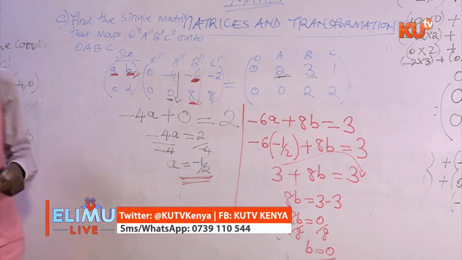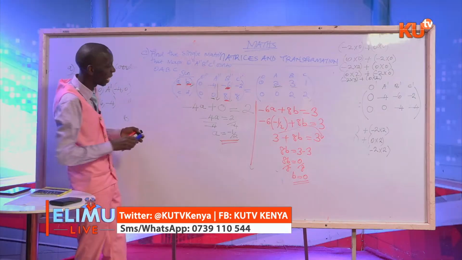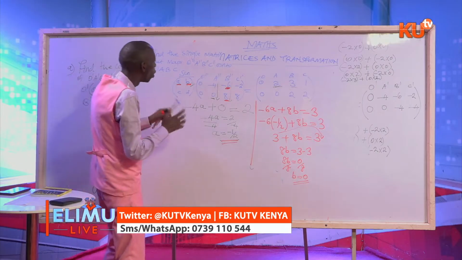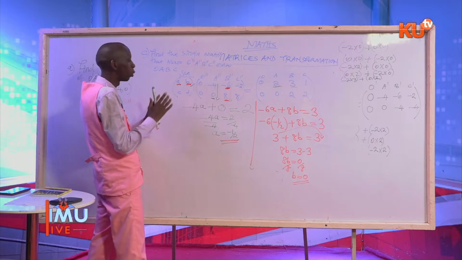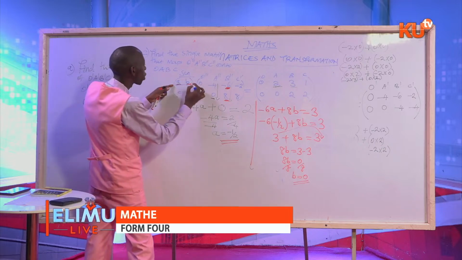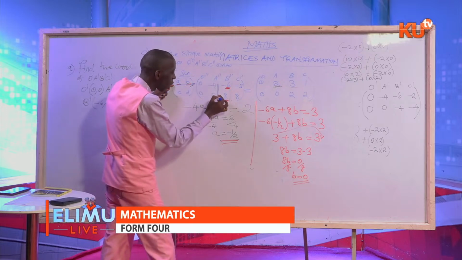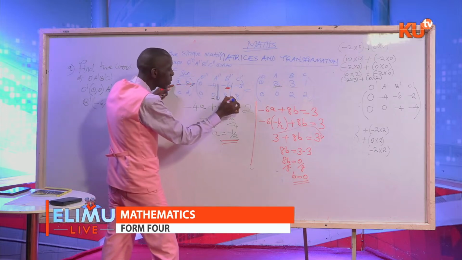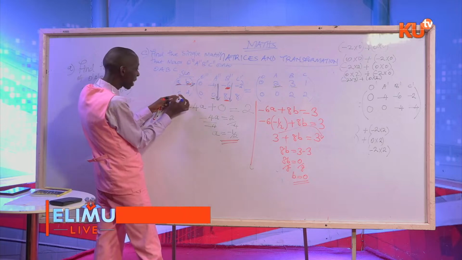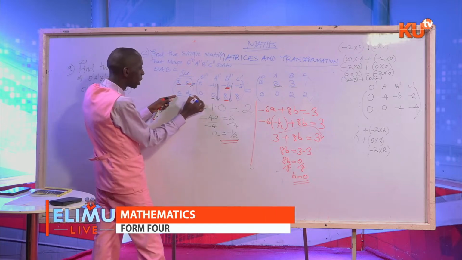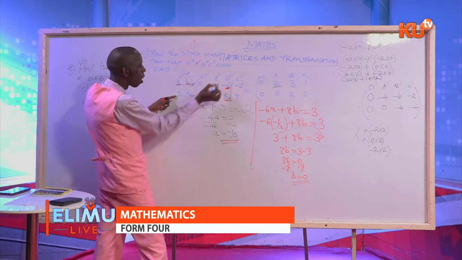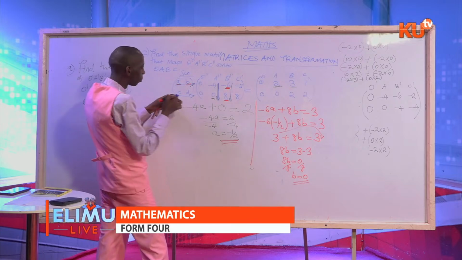Can we get our C? Now, we go to the second row. We have used the first row that has A and B, and the second and third columns to get A and B. Let us use the second row. Second row, second column.